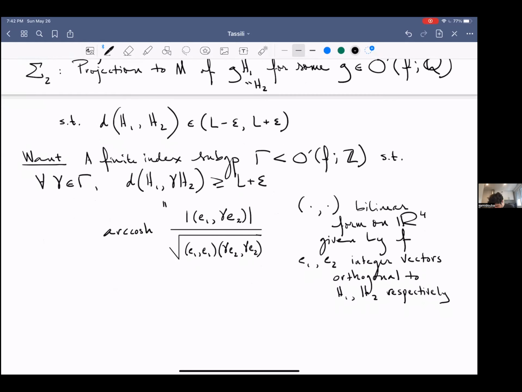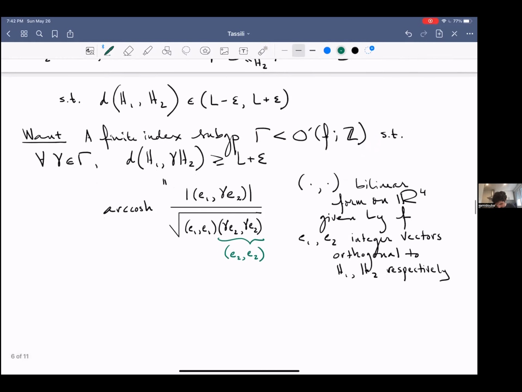But you see, since gamma preserves the form, this group is a group of integer matrices preserving the form. This thing is just the bilinear form evaluated, or the square of the norm of E2.